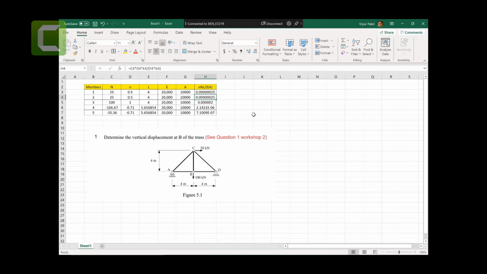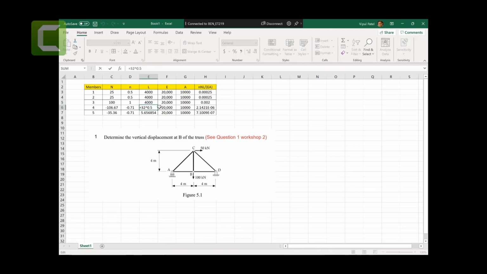All right, so it does not look good because the units are everywhere. This is in kilonewtons. This is no unit. This is in millimeters. This is in millimeters. So let me make it the same unit. 4 times 1000, so that is your millimeter.